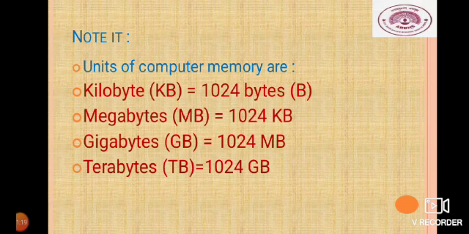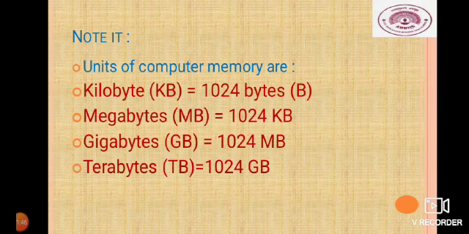Computer memory is stored in bytes, where 1 byte consists of 8 adjacent units known as bits. Different units of computer memory are: kilobyte is equal to 1024 bytes, megabyte is equal to 1024 KB, gigabyte is equal to 1024 MB, terabyte is equal to 1024 GB.